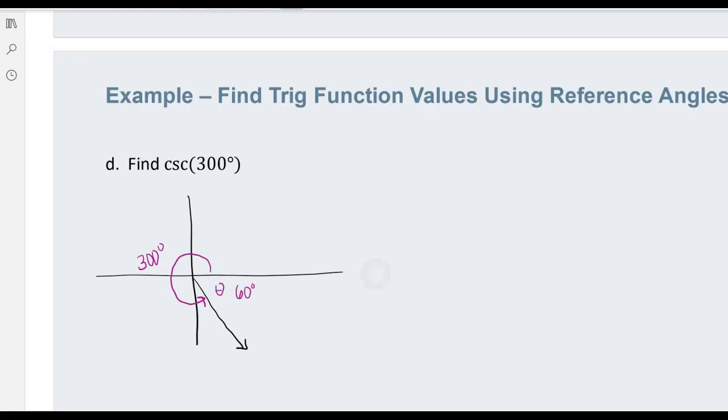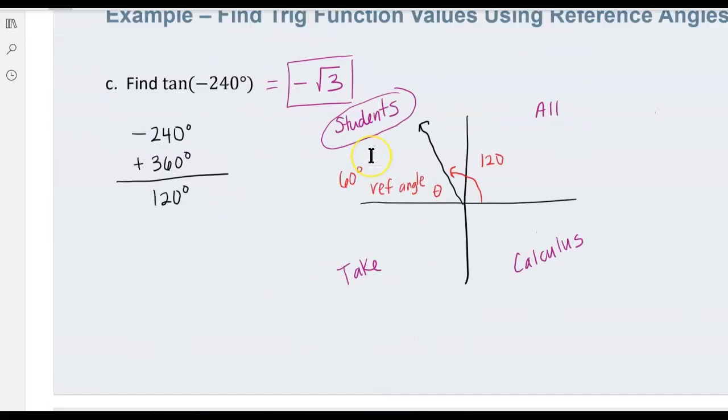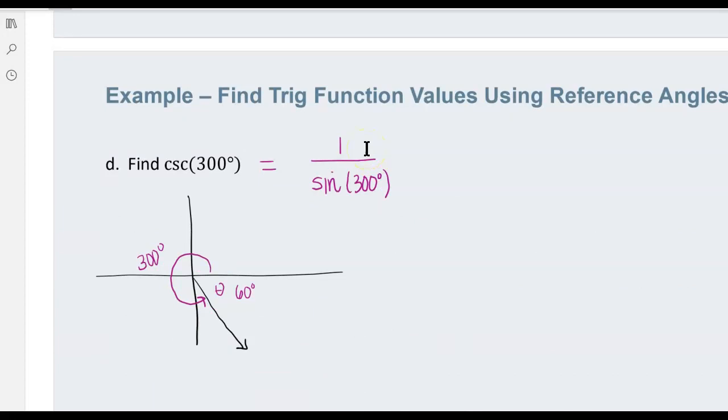So this is going to be the same as 1 over the sine of 300 degrees. I'm going to flip that upside down. And then because it's a reference angle, we're going to use 1 over the sine of 60 degrees, right? So this is just taking the reciprocal right here, and this is changing it into reference angle.